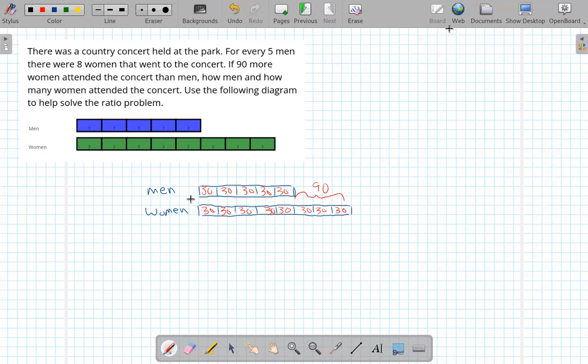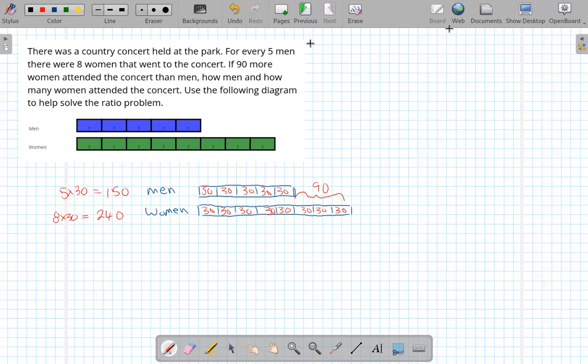And so now I can see as far as the men go, there's 5 groups of 30, which is 150 men. And for the women, there are 8 groups of 30. And that would be 240 women for this one right here. So again, the power of using a picture.